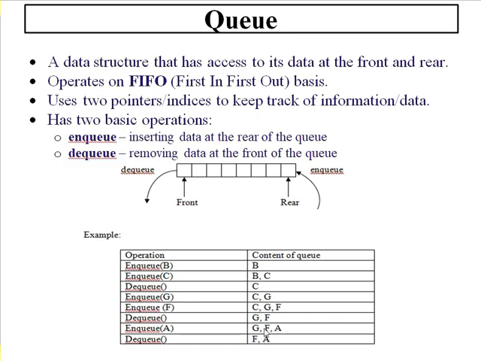Dequeue will remove G because G is the front.